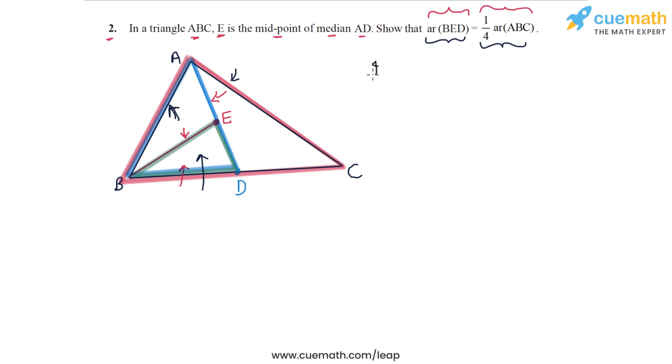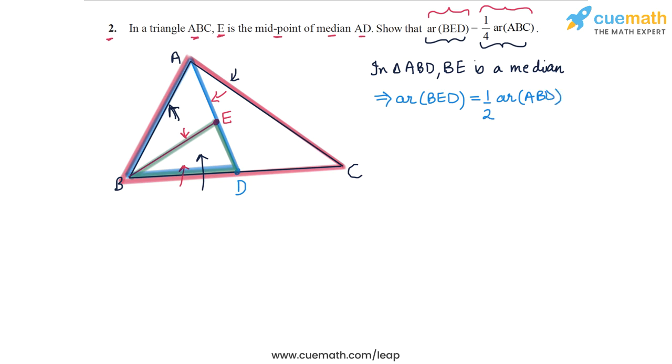So in triangle ABD first, this is what we'll consider. BE is a median because E is the midpoint of AD. So BE is a median, and this basically means that it divides triangle ABD into two triangular parts of equal area. So area of BED, the small triangle, is half of the area of ABD.